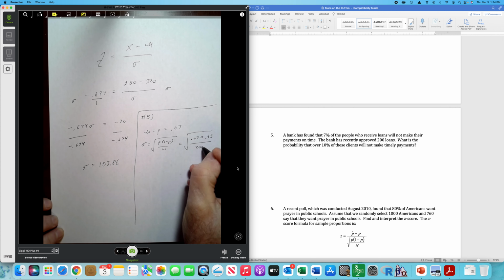There were 200 loans. So I'm just going to throw this in the calculator. 0.07 times 0.93 divided by 200. And I get 0.01804.